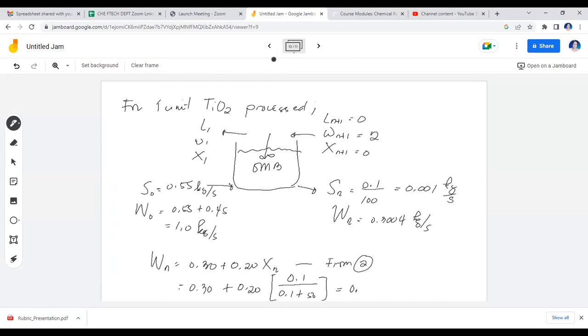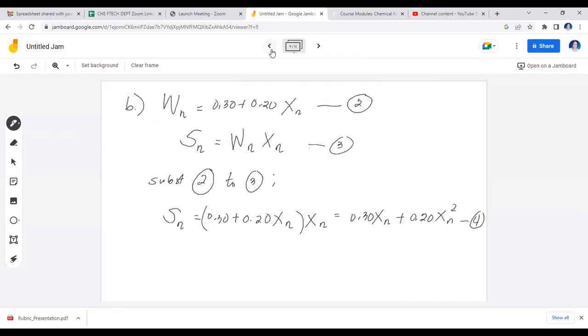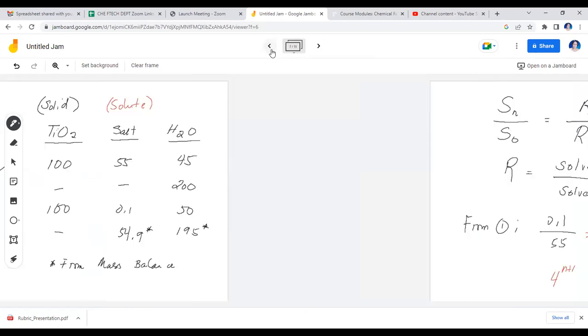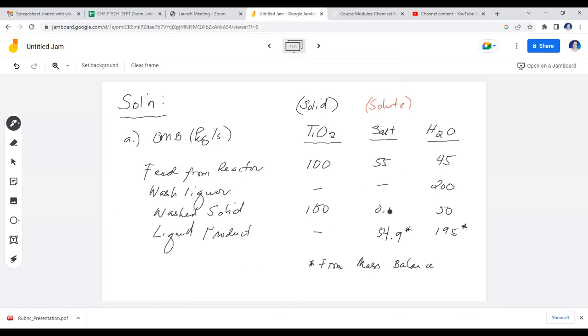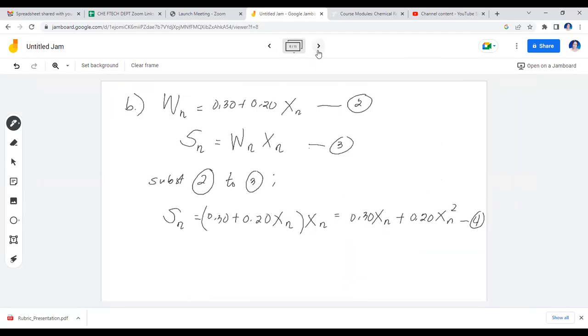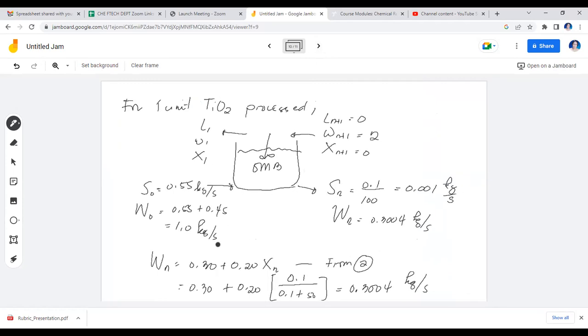So your answer here is 0.3004 kilograms per second. Again, your x sub n is based on y sub n here from our table: salt divided by salt plus water. Okay, so now we have our W sub n.